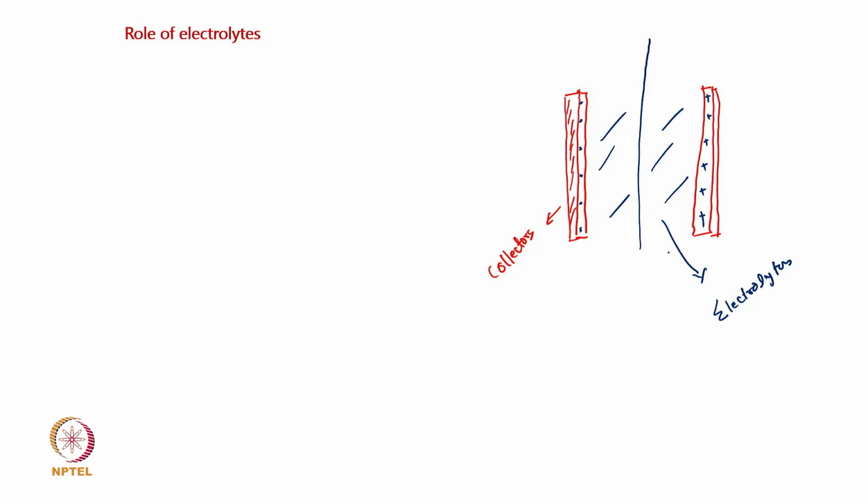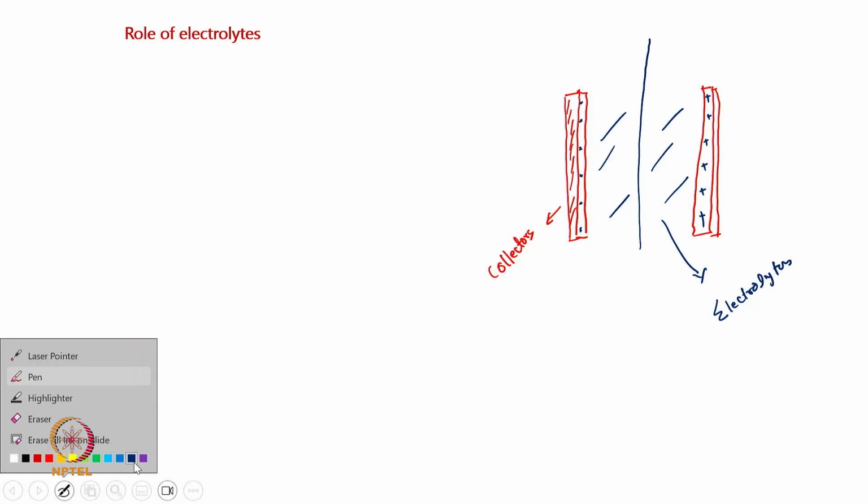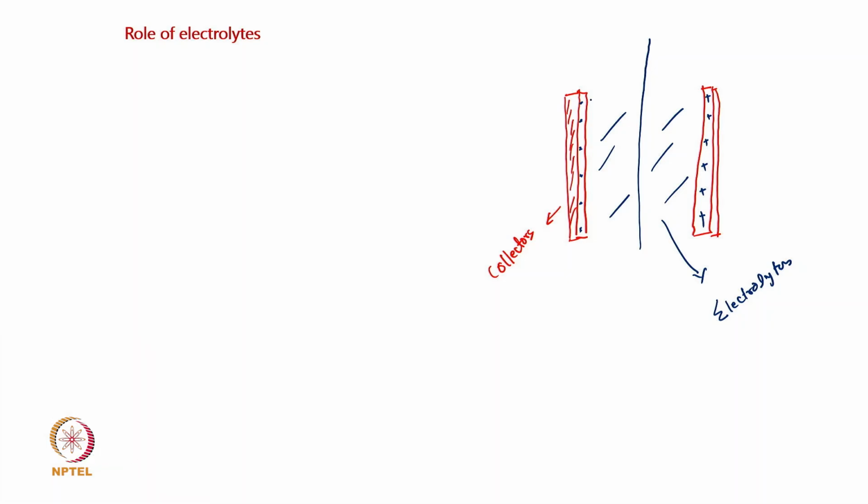So, there is a double layer formation as I discussed in the previous class. Here we have positive, here we have negative, and these layers are formed at the interface.